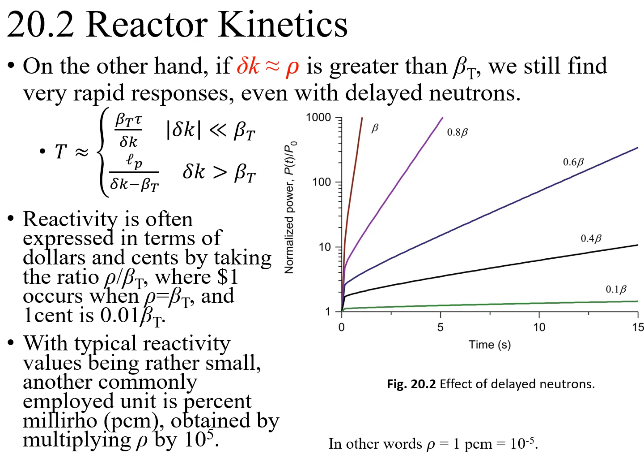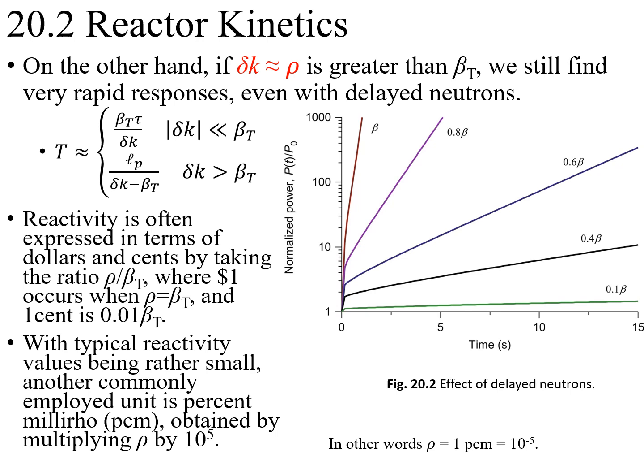In addition, we will also use another unit to describe the reactivity. So this unit is called the PCM, or percent millirho. So milli is 10 to the negative 3, then multiply 1%, 10 to the negative 2, so that is 10 to the negative 5.